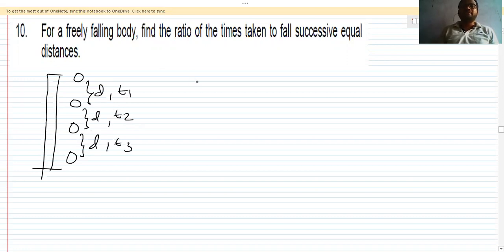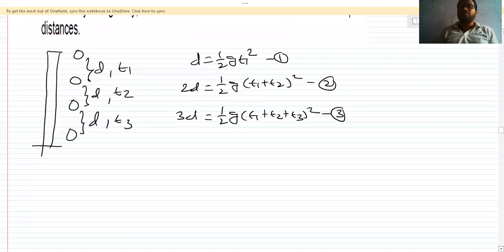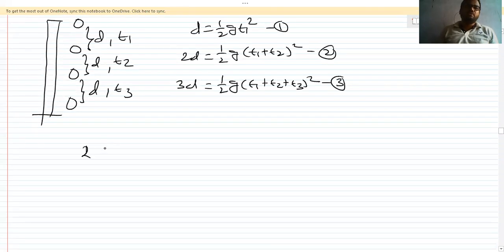So for t1 I can write d is equal to half g t1 squared. Likewise for t2 I can write 2d is equal to half g (t1 plus t2) whole squared, and 3d is equal to half g (t1 plus t2 plus t3) whole squared. Now from equation 1 and 2, I can write 2 times half g t1 squared is equal to half g (t1 plus t2) whole squared.